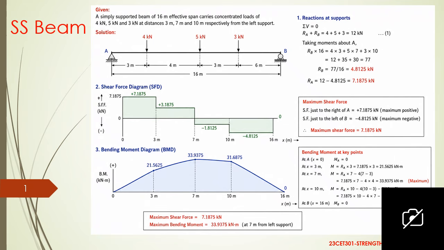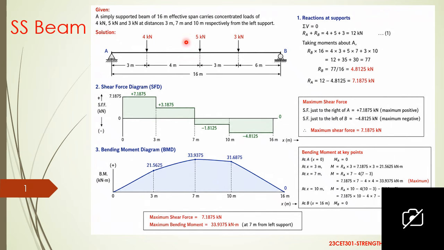That means the point load 4 kilonewton is acting 3 meter from the left support. The next 5 kilonewton is acting 7 meter from the left support. And the 3 kilonewton is acting 10 meter from the left support. That is first load 4 kilonewton is acting 3 meter and the second 5 kilonewton is acting 7 meter from the left support.